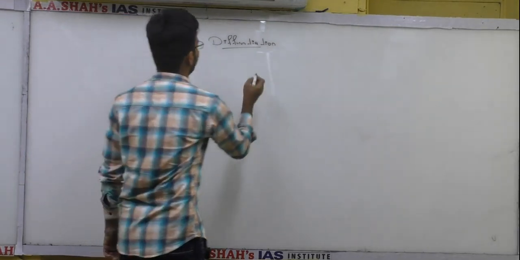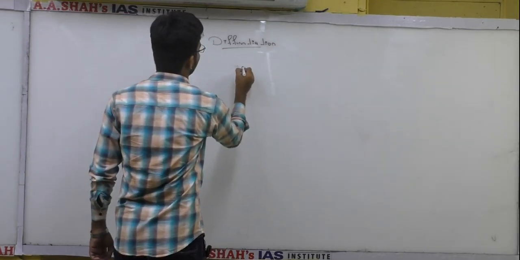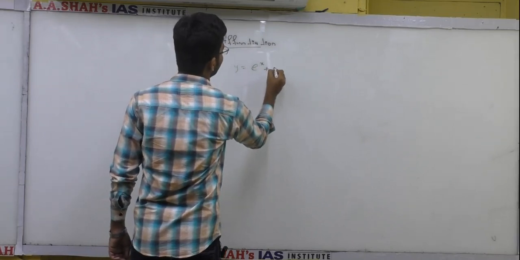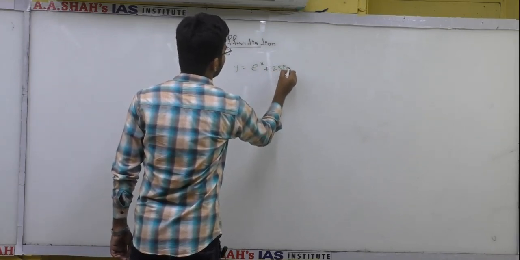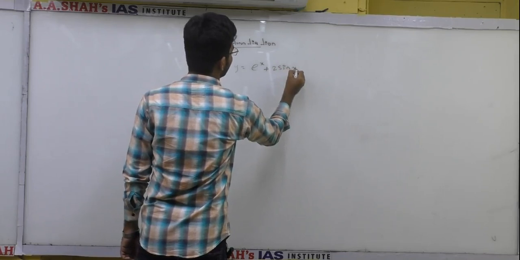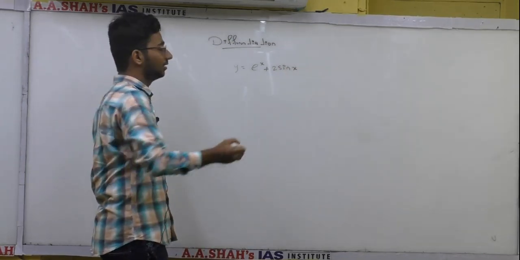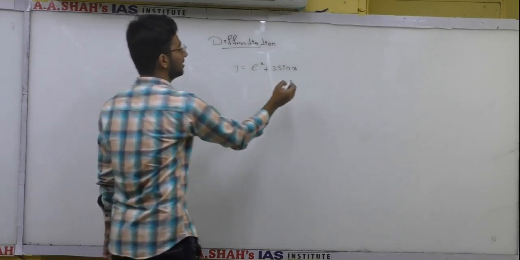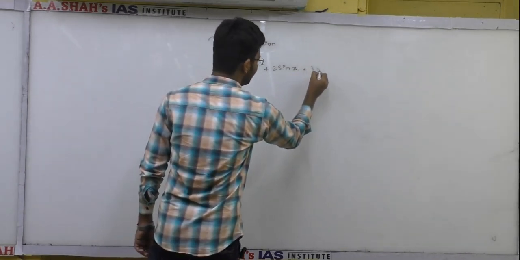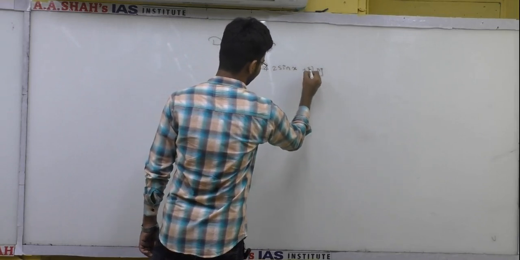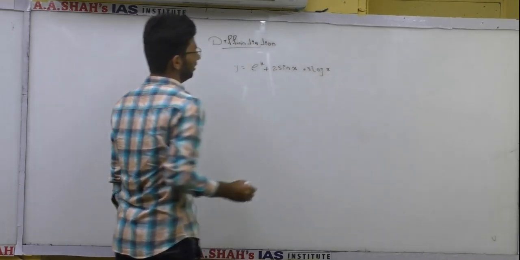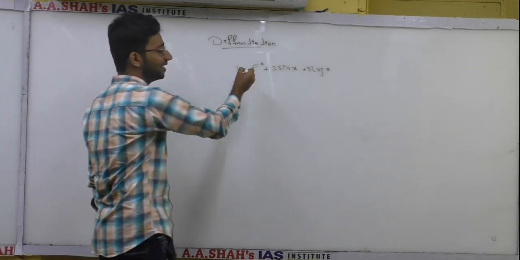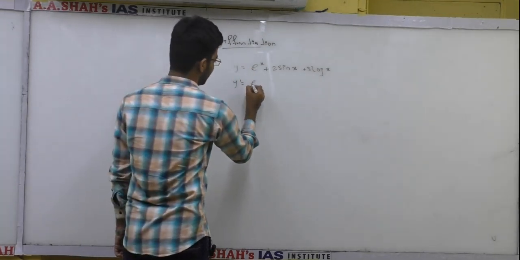And now if we have y equal to e raised to x plus 2 sin x, then what will be the derivative? Now here we have one exponential function and one trigonometric function. If I add some more, like if I say 3 log x, so now what we'll do is y dash will be equal to e raised to x, the derivative of which is e raised to x.